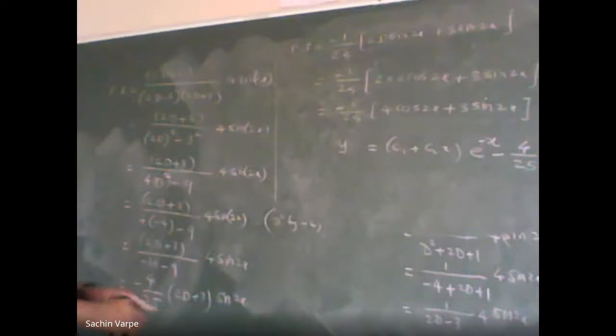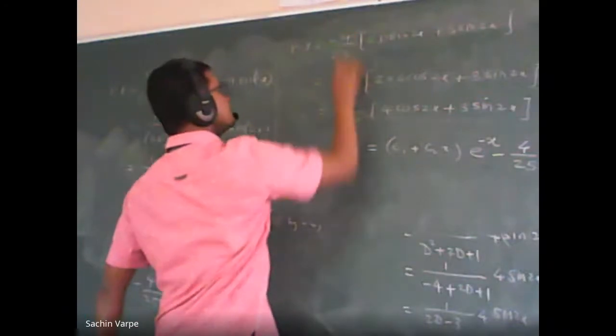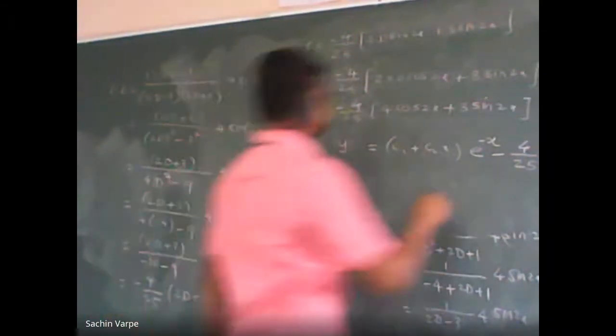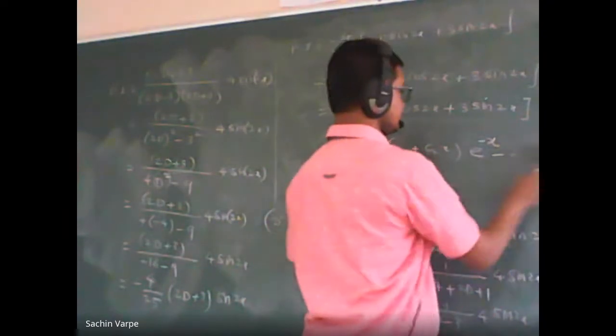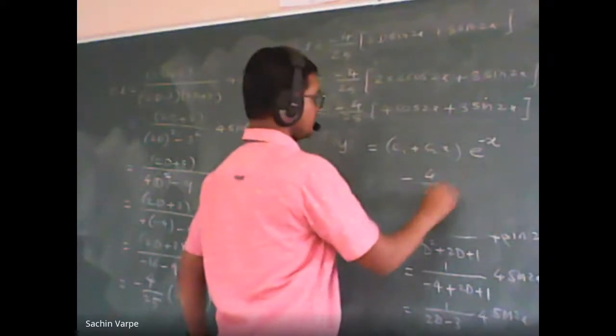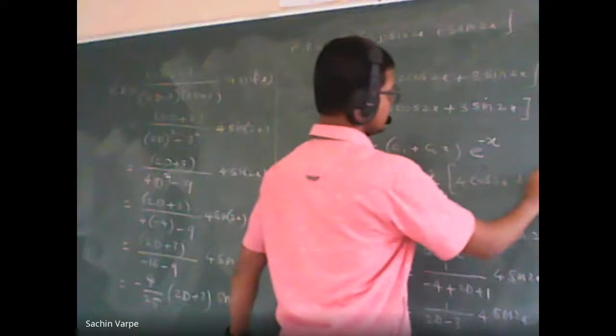Oh, I'm sorry. That is minus 4 by 25. It is 4 here. Please check. Minus 4 by 25 into 4 cos of 2x plus 3 sine of 2x.